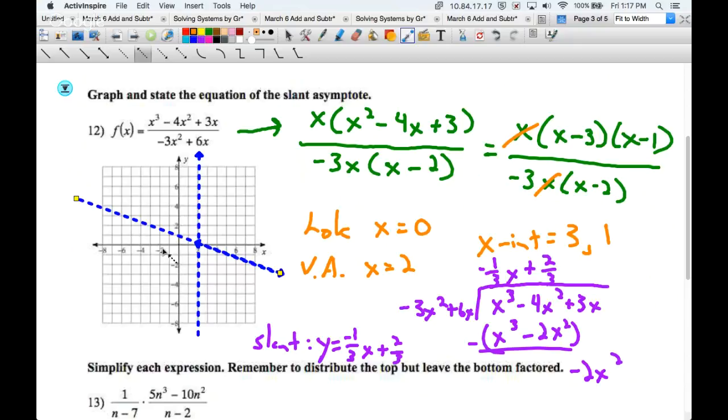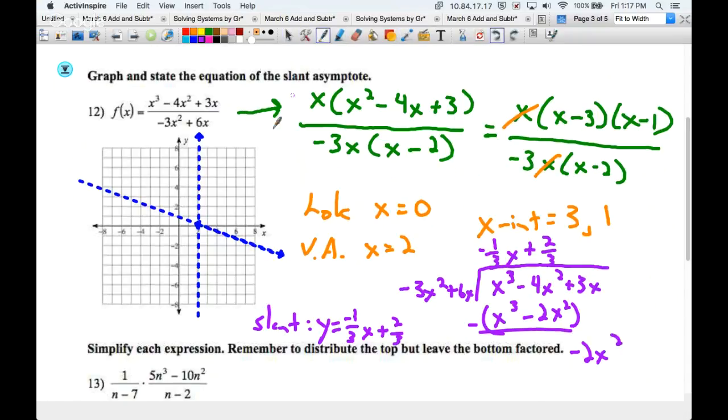X-intercepts of 3 and 1 right there. Do that with my pen tool. 3 and 1. That tells me that this is curving in to these two quadrants here, lying flat to the asymptotes.